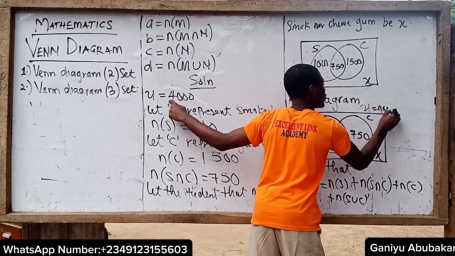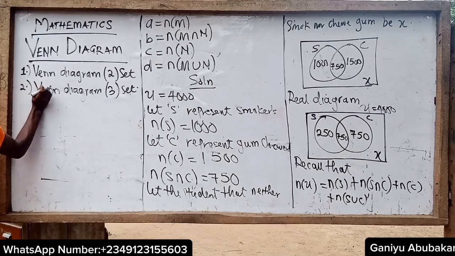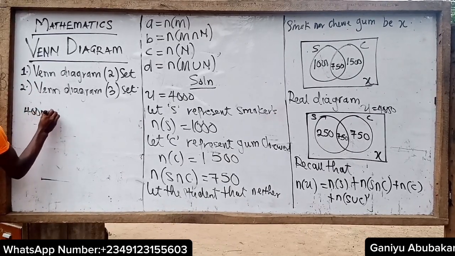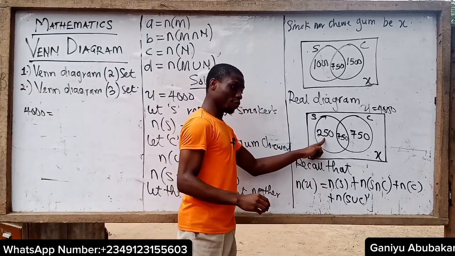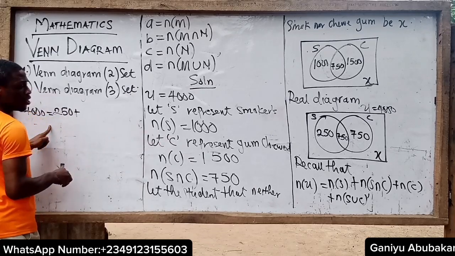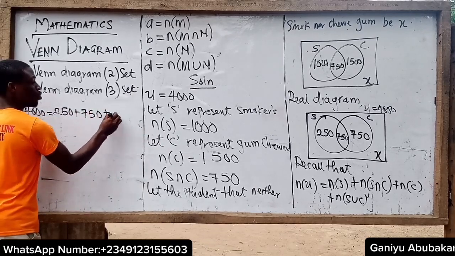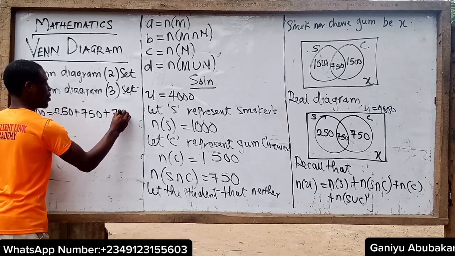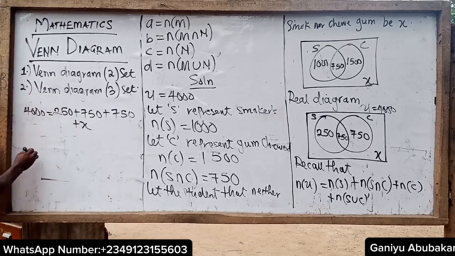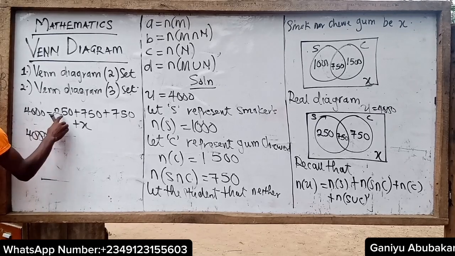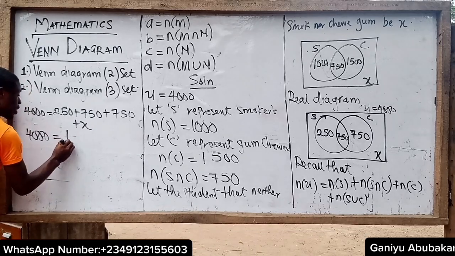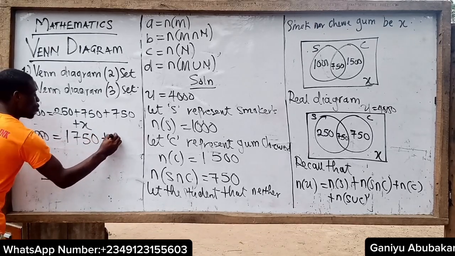So 4000 is equal to 250 plus 750 plus 750 plus X. Adding these together, 4000 is equal to 250 plus 750 plus 750, that's 1750, plus X.